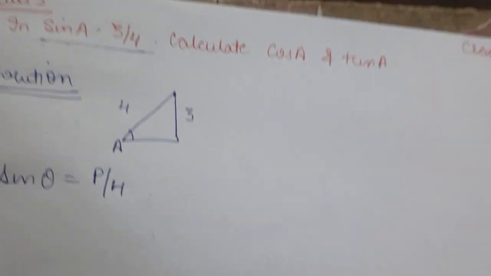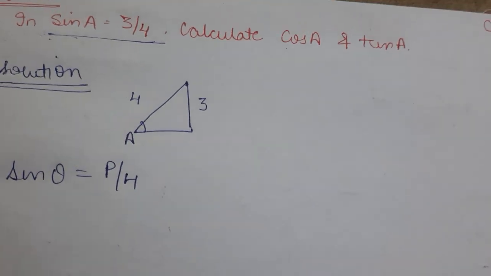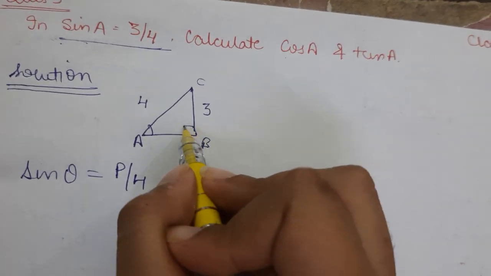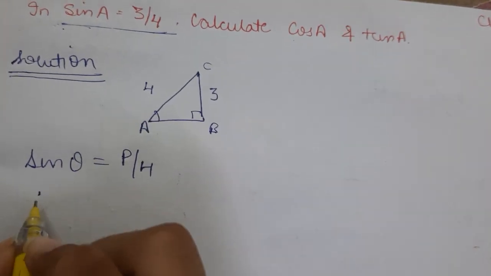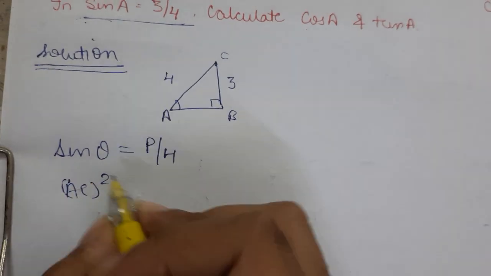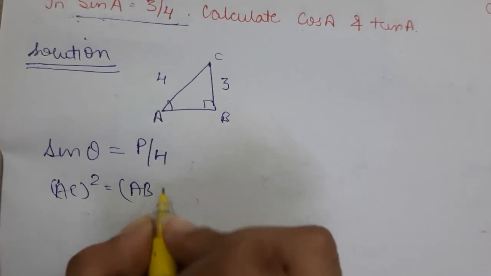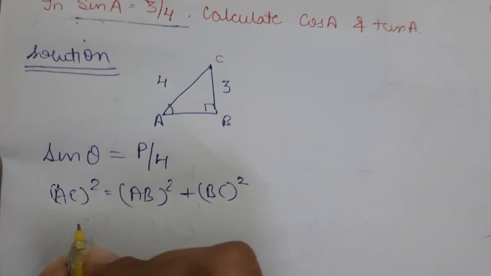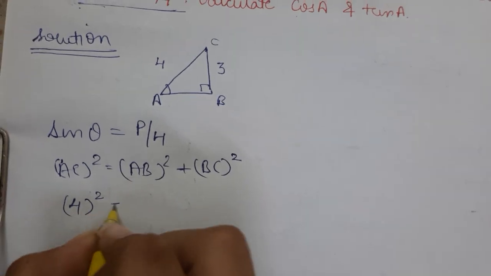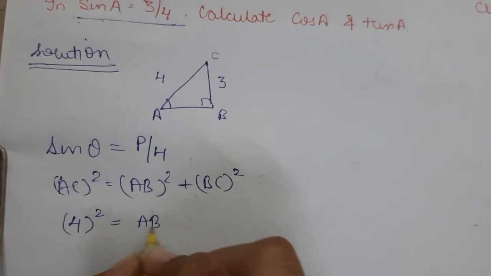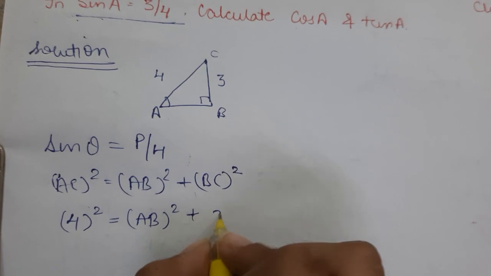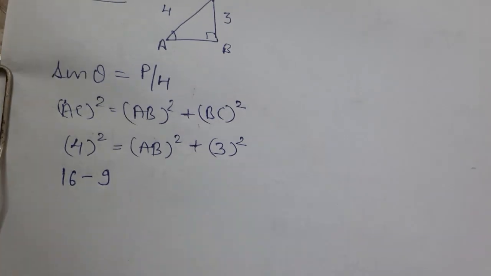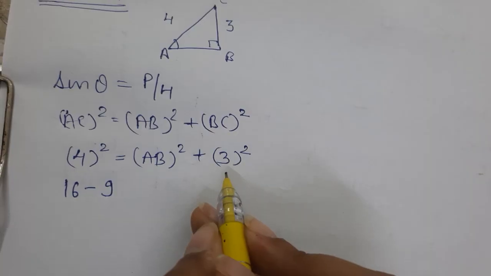Now by solving with Pythagoras theorem in this triangle, let's name it as ABC with right angle at B. So we get AC square is equal to AB square plus BC square, AC is 4 square, AB we need to calculate, and BC as 3 square. 16 minus 9, as 16 is the square of 4 and 9 is the square of 3.